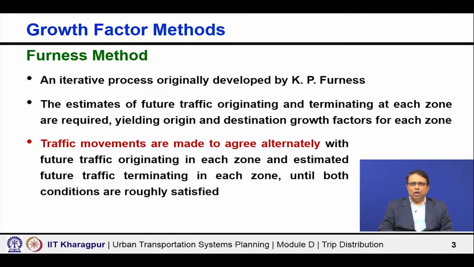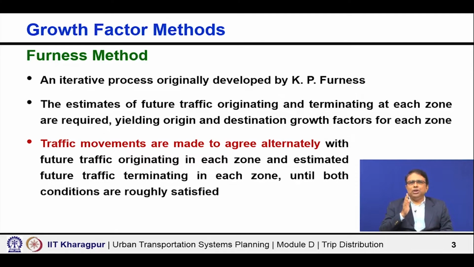So, we take a column and see what the present total is and what our target total is. Then target total divided by present total is the factor, the destination end growth factor, and we multiply all the cells in that column with that growth factor.